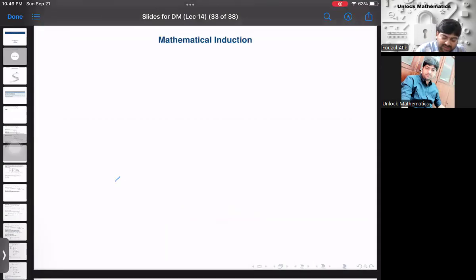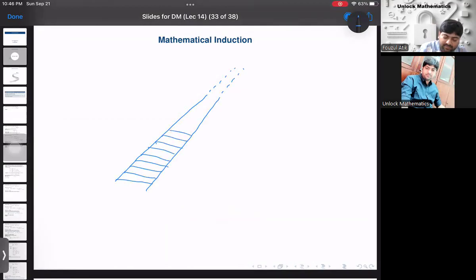Suppose I have an infinite ladder. I'm trying to draw a ladder. So this is a ladder and this is an infinite ladder, right?